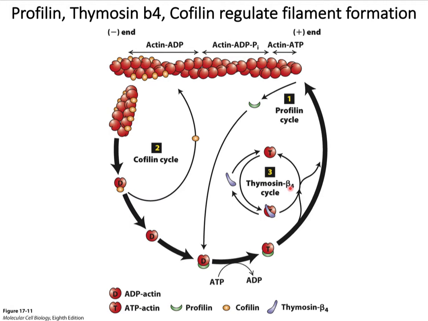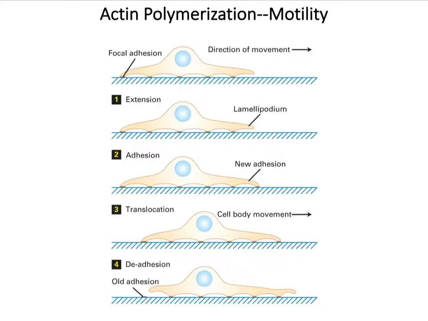But what is interesting is that the thymosin beta 4-bound G-actin monomer and free G-actin monomers are in dynamic equilibrium. So if the G-actin concentration in the cell goes down, this will naturally cause the release of G-actin monomers from the thymosin beta 4 and will release more monomer to be incorporated into the plus end. So there are three proteins that regulate the filament formation in the cell.